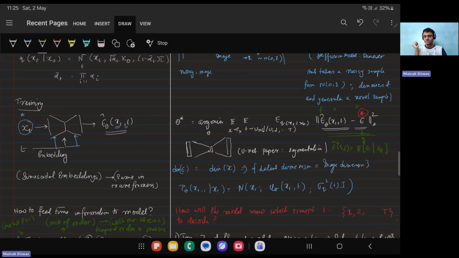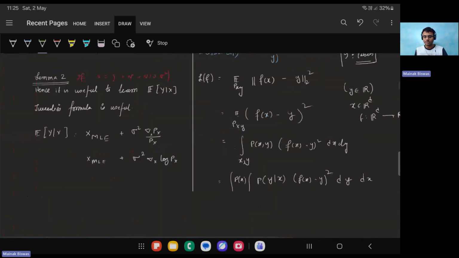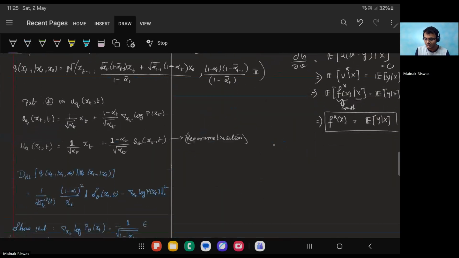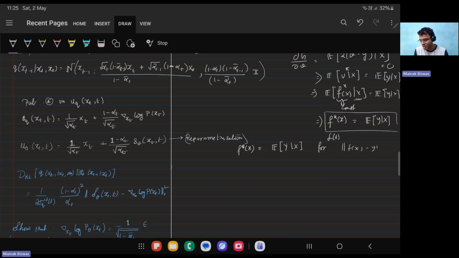That is very nice to see, and very interpretable: if you get the noisy version, what is the expected noise that was added? And that is exactly what you're going to remove. So again, if you're not following, what we proved now is that the expected value of y given x is the optimal function for the loss of f equal to f of x minus y squared.